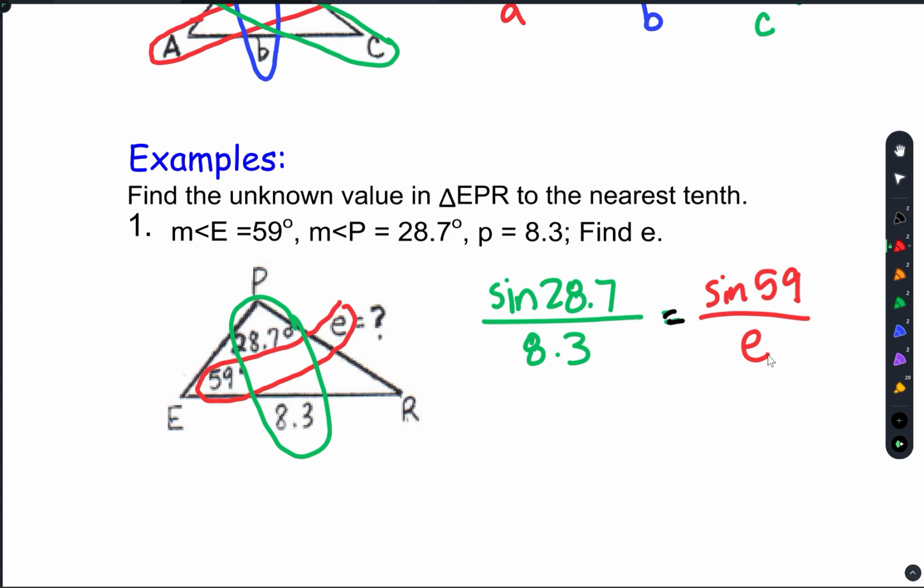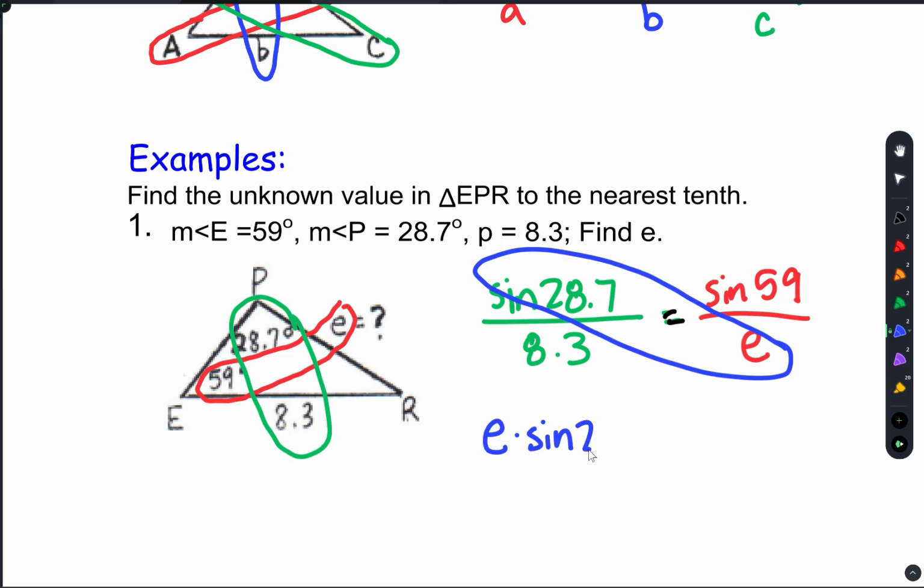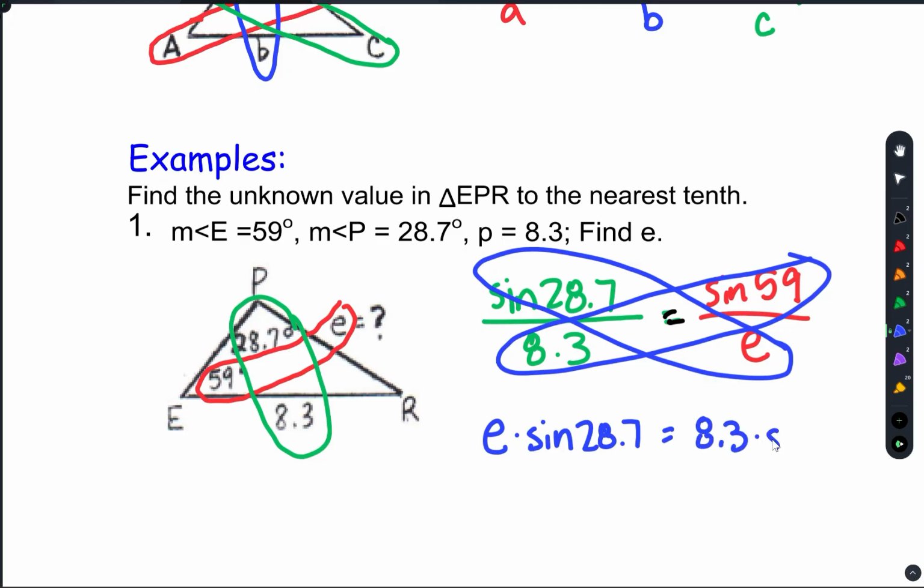Do we remember how we solve proportions? Dahlia? We're going to cross multiply. So to cross multiply this, on the left side here, I'm going to put E times sine 28.7. And on the right side here, 8.3 times sine 59.